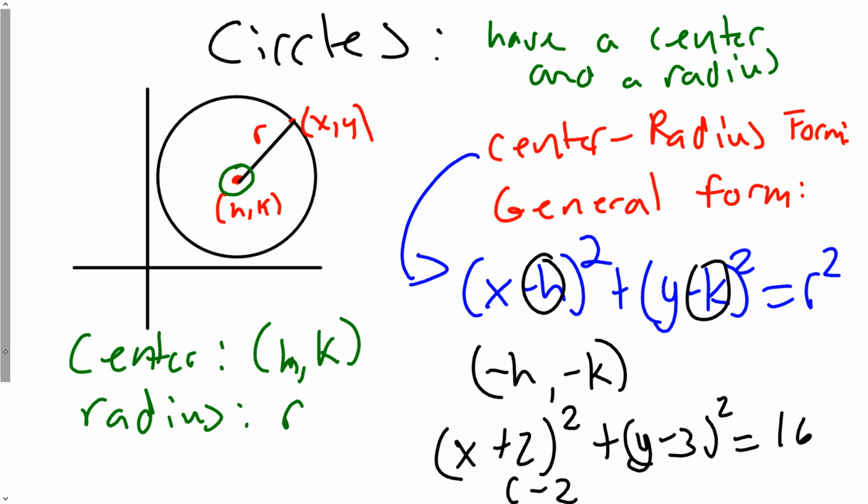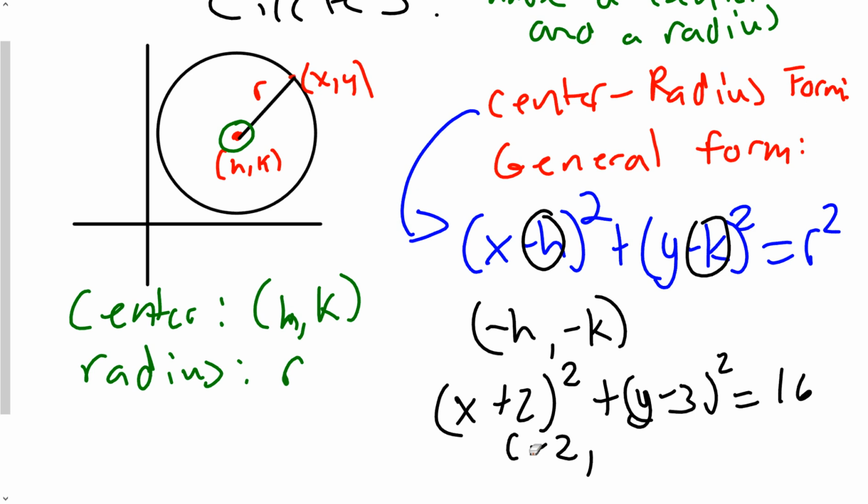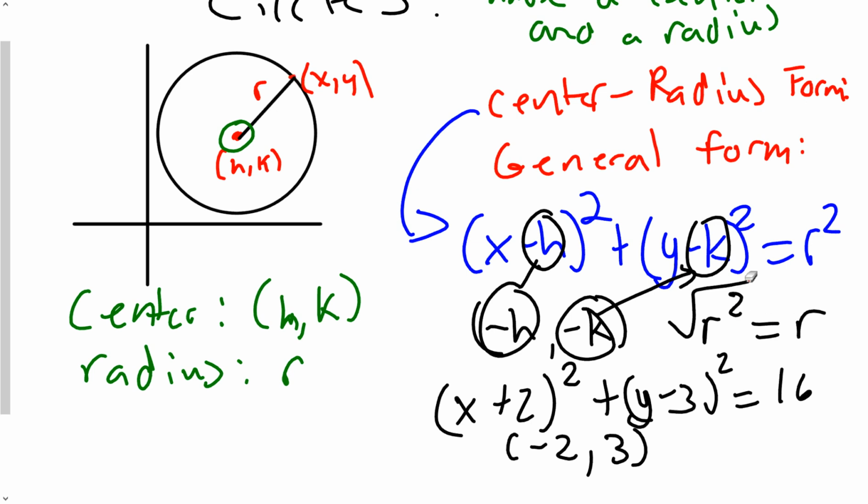So then my center would be (negative 2, 3), because I take the opposites of what's in there. And then r squared, to find r, I have to square root 16. So r is equal to 4. It's plus or minus, but since radius is a distance, it's going to be the positive root. Okay?